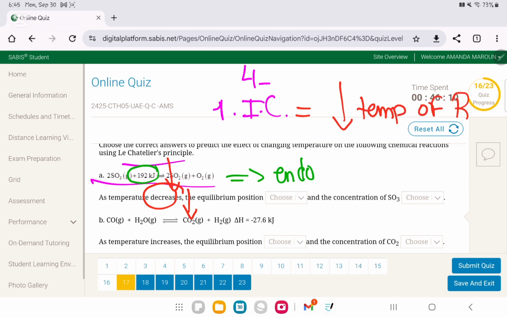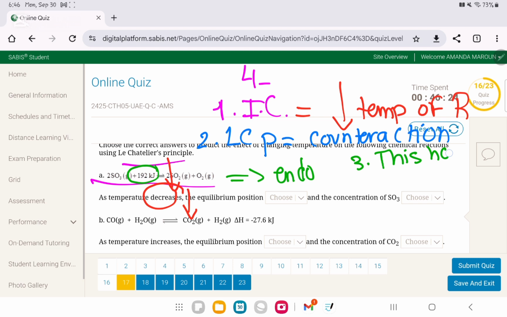What will happen? According to Le Chatelier's principle, a counteraction will happen. How will this counteraction happen? If we're decreasing the temperature of reactants, a counteraction would be the opposite, which is increasing the temperature of reactants.